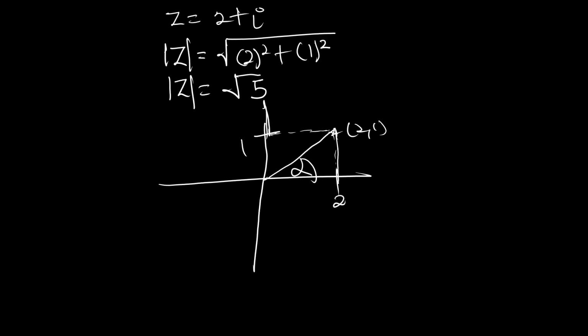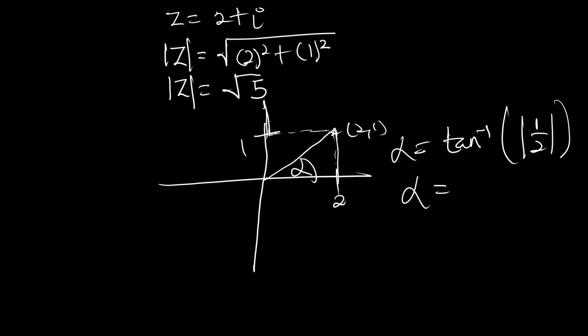Right? Let's find alpha. Alpha equals tan inverse of the absolute value of 1 over 2. So alpha is going to be 26.256 degrees. But in the first quadrant, we said the argument of z is going to be what?